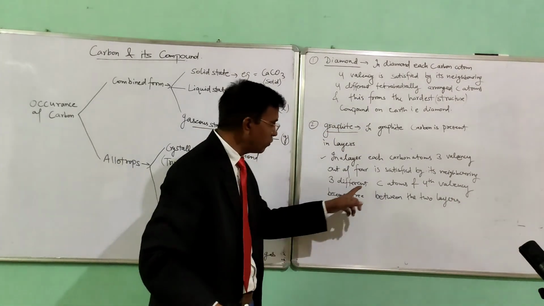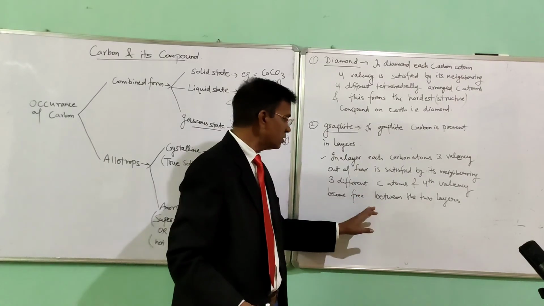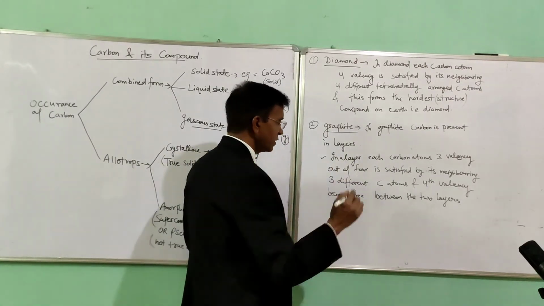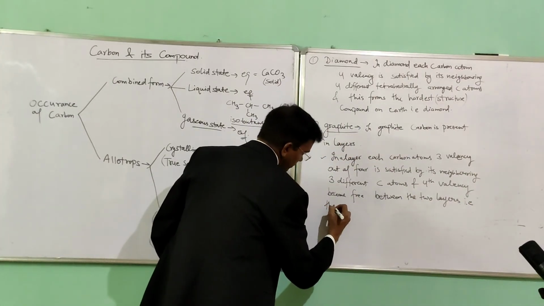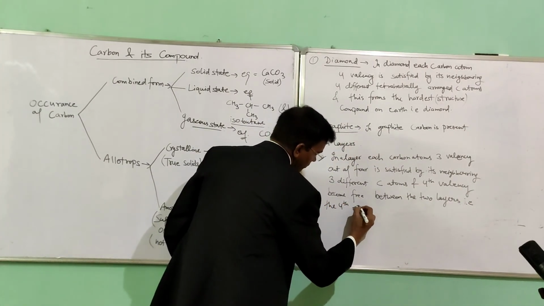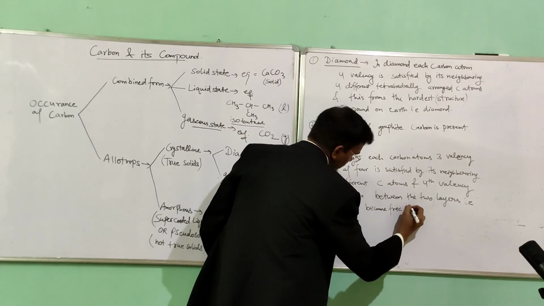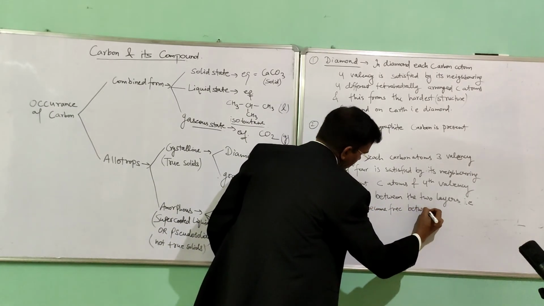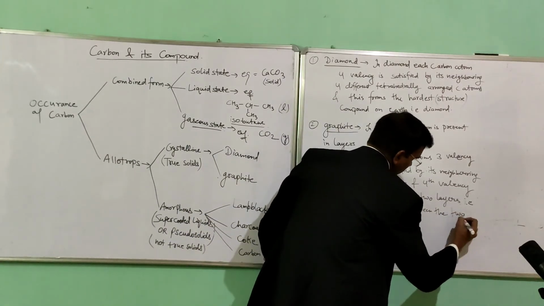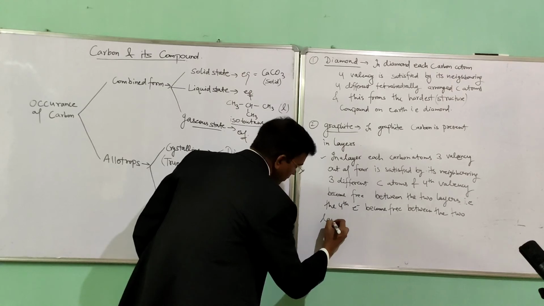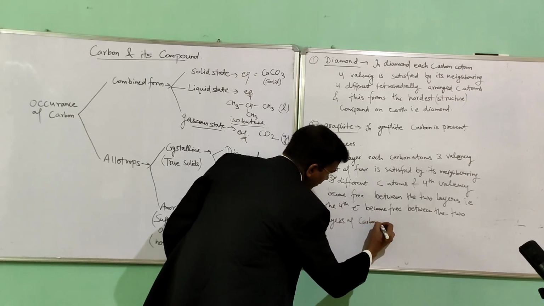Between the two layers, the fourth electron becomes free. Fourth valency means fourth electron, that is the fourth electron of carbon in graphite.